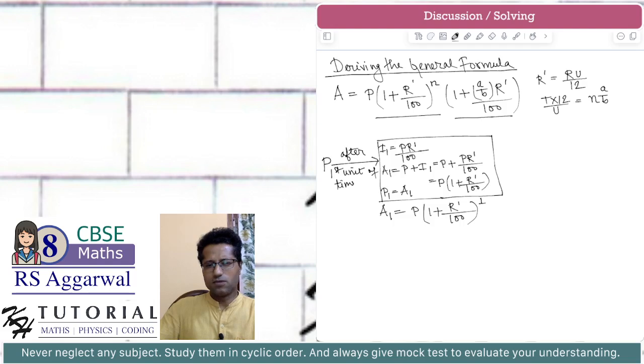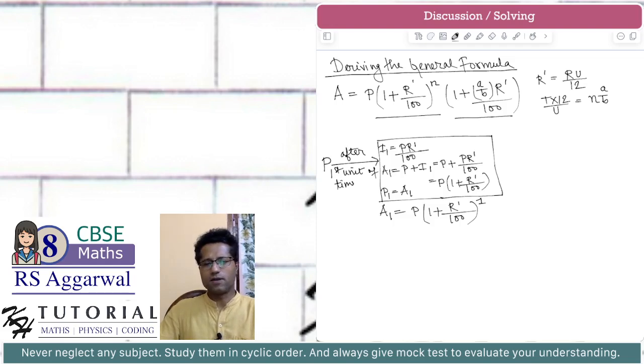So for n equals to 1, we have the expression P into 1 plus R dash by 100 to the power 1. This is the scenario when n is equal to 1 and there is no fractional part. As I already said, if the fractional part a by b is 0, then the third factor will become 1. So my general formula is true for n equals to 1 and a by b equals to 0.